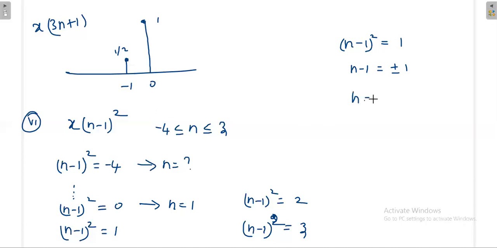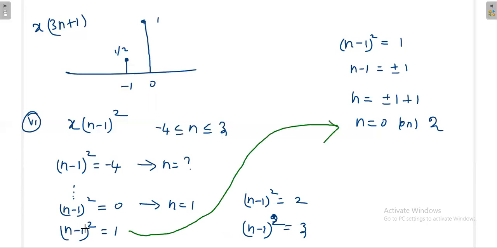Then n can be plus or minus 1 plus 1, so n can be 0 or n can be 2. The tricky part is that whatever is available originally at n is equal to 1 will now be mapped to n is equal to 0 as well as n is equal to 2.